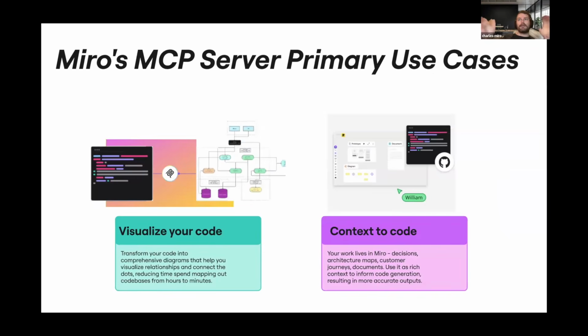The two use cases that we've gone to market with and talked about, and that we'll demo today, are around visualizing your code base. In a lot of organizations, you might have a legacy code base and a new person joining your team, or you might want to address that legacy code base and collaborate on, hey, how could we make changes to this?